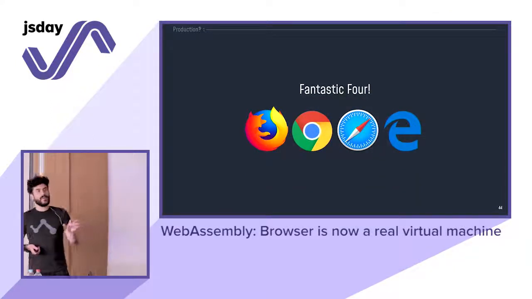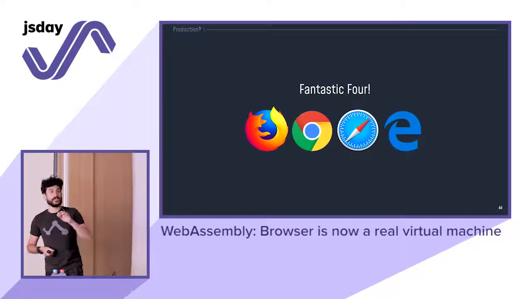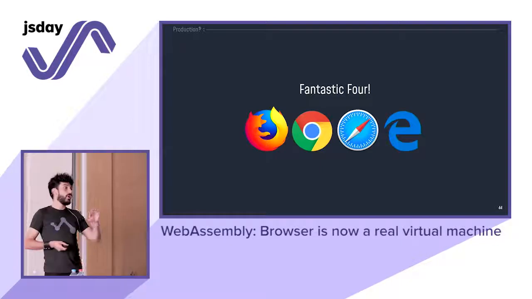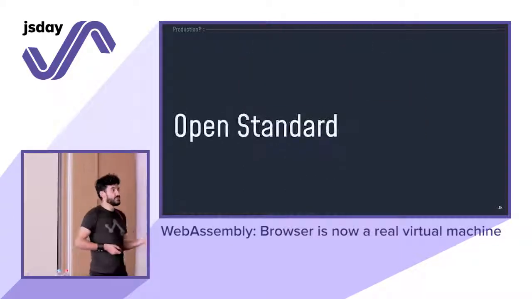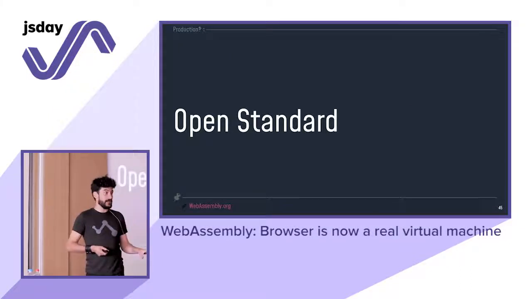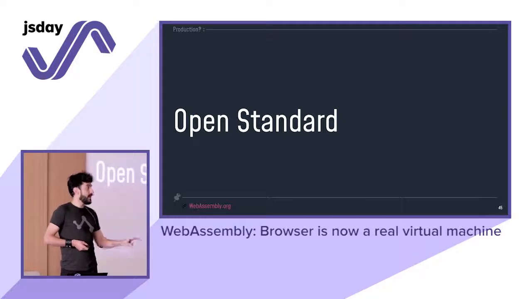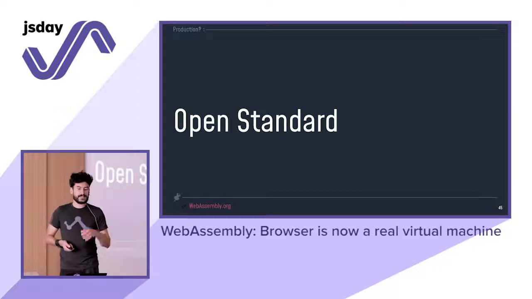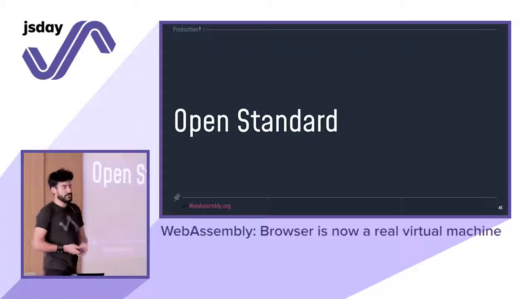All of them embed a WebAssembly virtual machine. You can execute your WebAssembly in all modern browsers. They all work together to make it an open standard. So it's free, it's open source, and you can use it anywhere on modern platforms. So it's available right now in production.